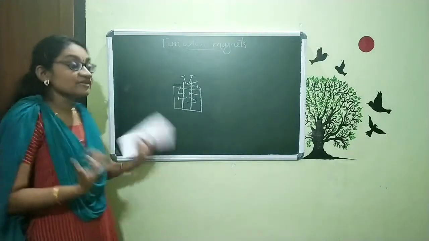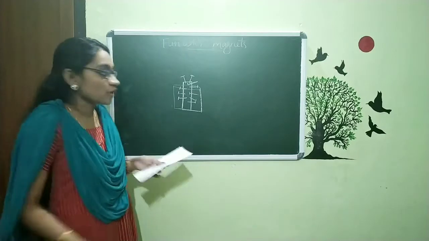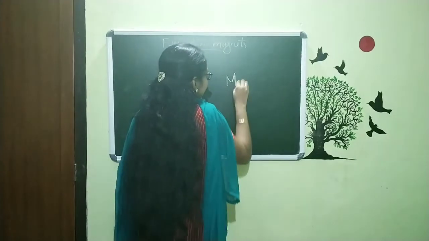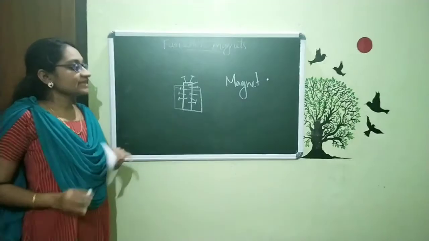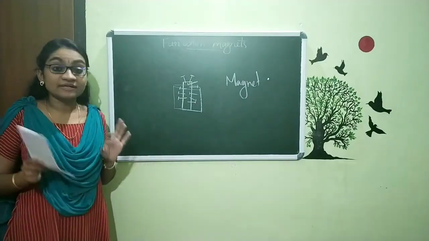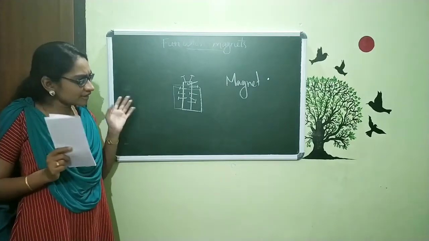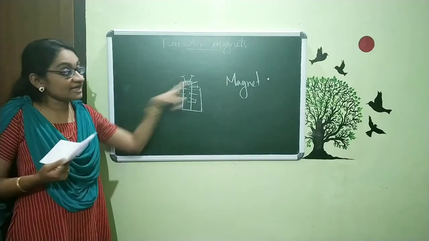All are behaving similarly, and I am going to call it a magnet. Simply we can say it attracts iron. But not only iron, some other metals are also attracted by the magnet.